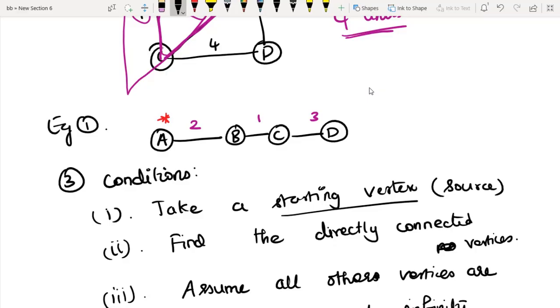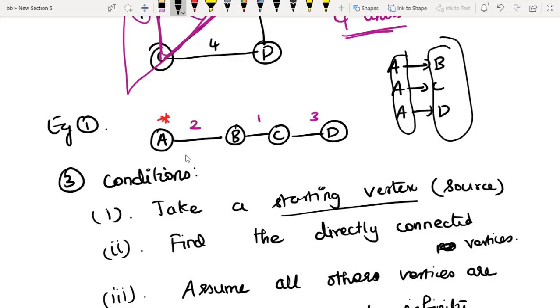The table should show the shortest distance from A to B, A to C, and A to D. Only from the starting vertex I have to find the shortest path to any other vertices in the graph.